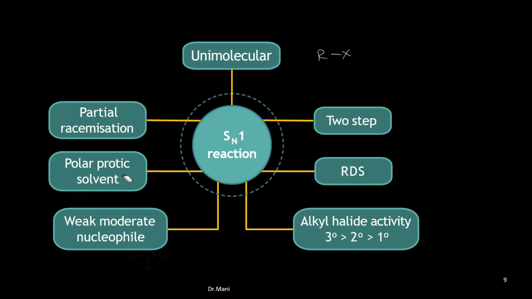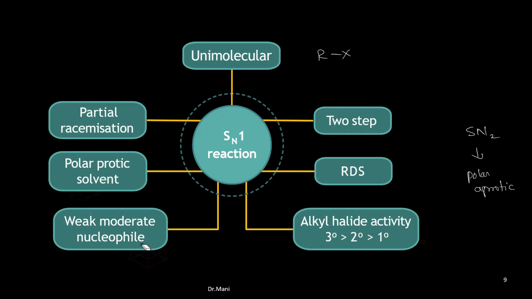In an SN2 reaction, is a polar protic solvent favorable? No, sir. So polar protic solvents are favorable for SN1 reaction, whereas they are unfavorable for SN2 reaction. So remember this: for SN2 reaction, polar aprotic is favorable.